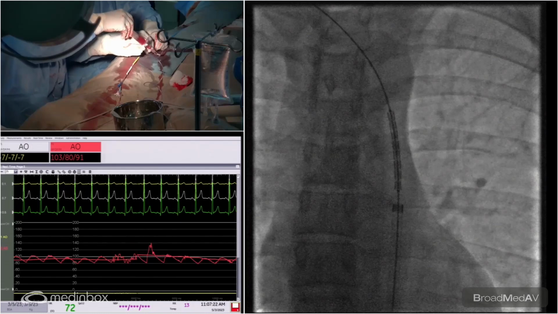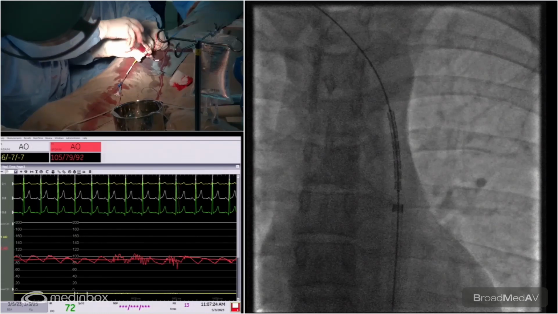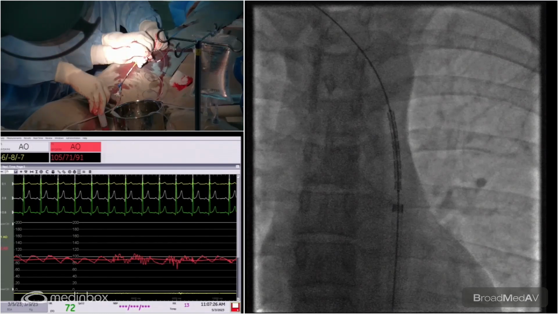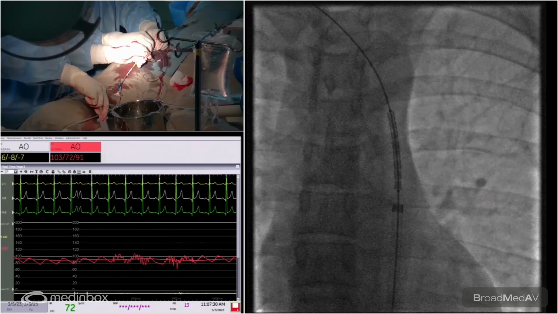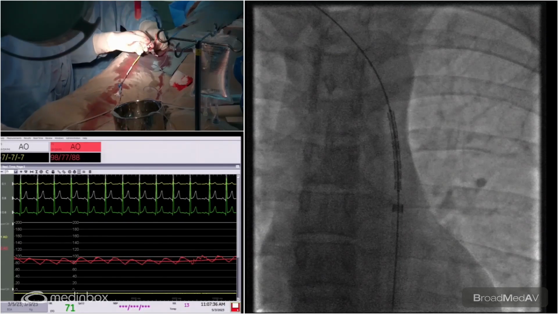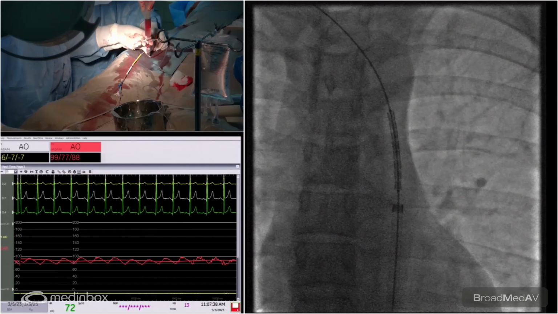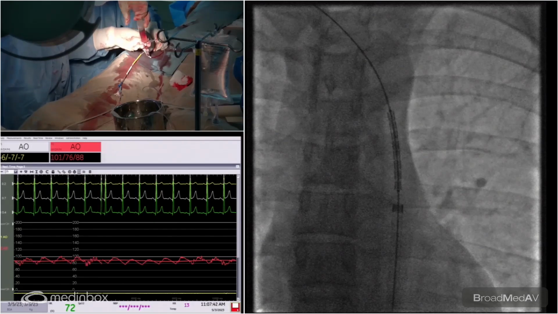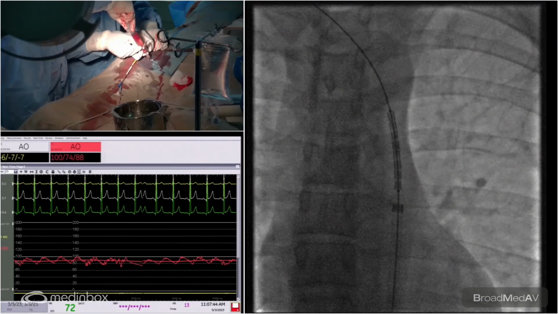So at this moment, let me repeat one more similar angiogram. So I have layered the contrast 10 ml below. And the top column is the blood and saline.